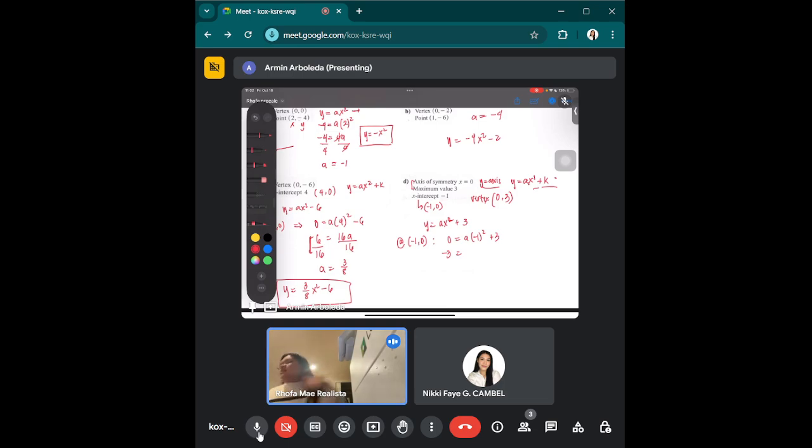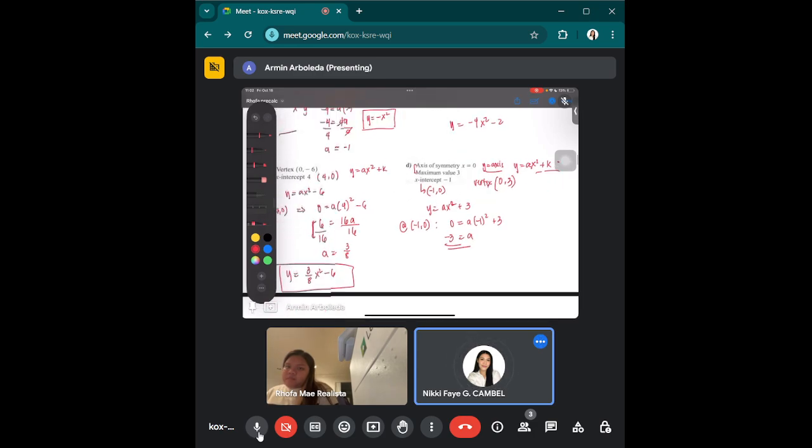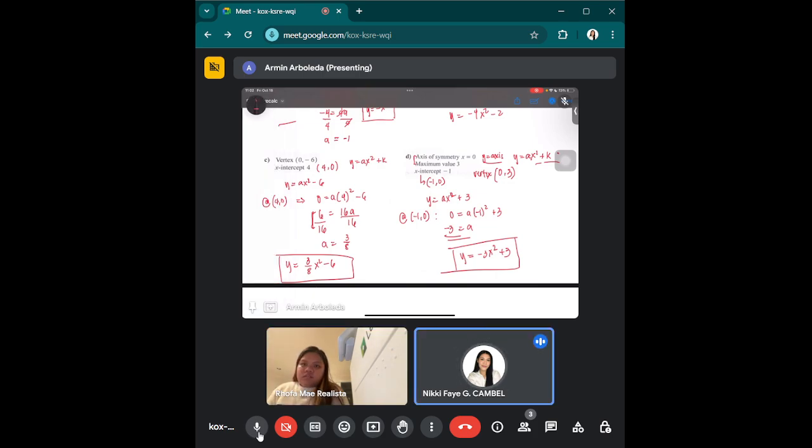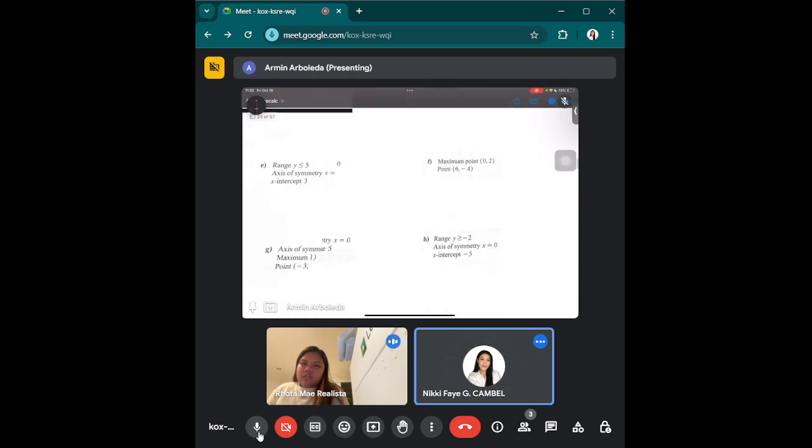Our a is -3. So what's going to be our equation? It's y equals -3x squared plus 3. If you get the hang of it, it's going to get easier.